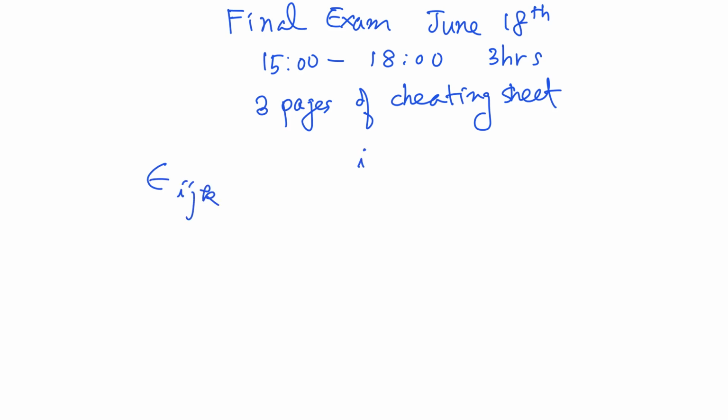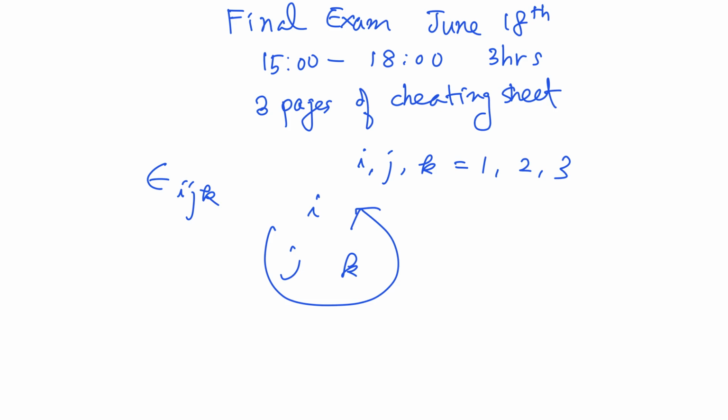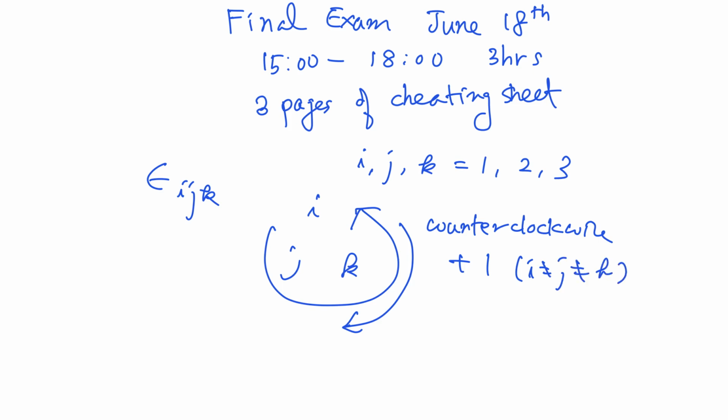If i, j, k, 1, 2, 3 is counterclockwise, then epsilon ijk is plus 1, if, of course, i, j, and k are all different.